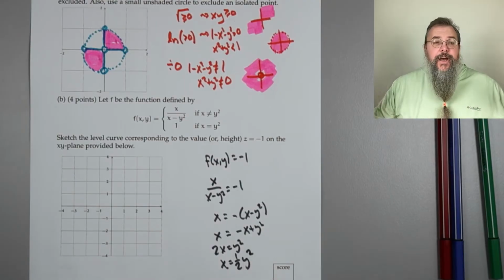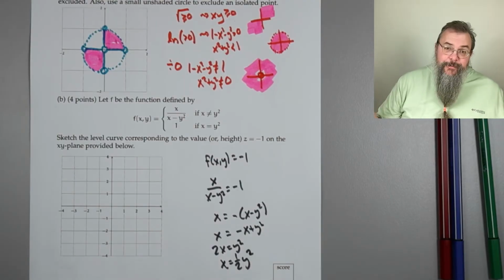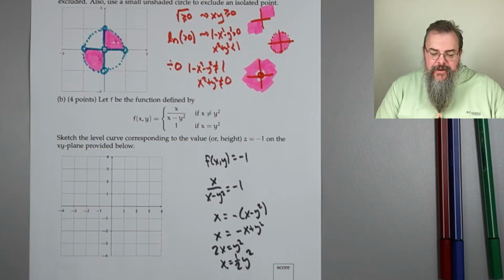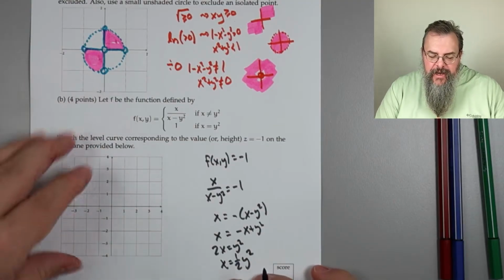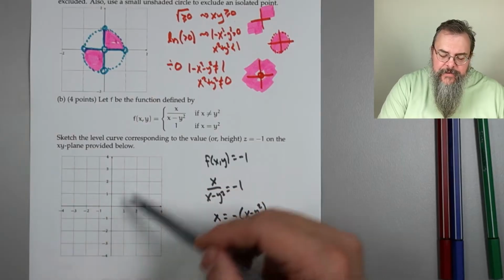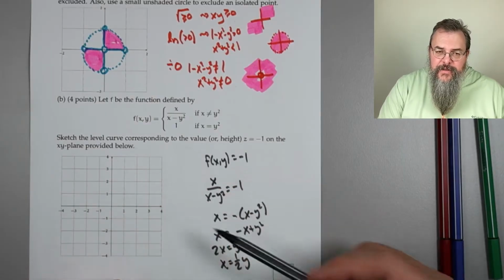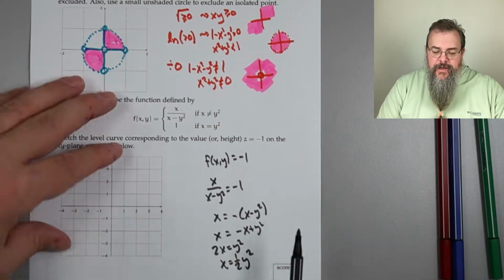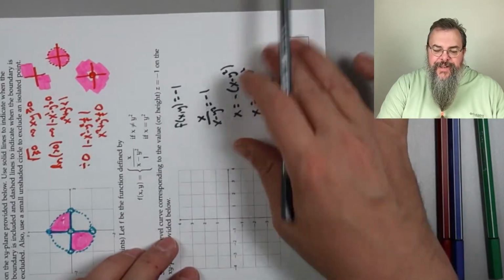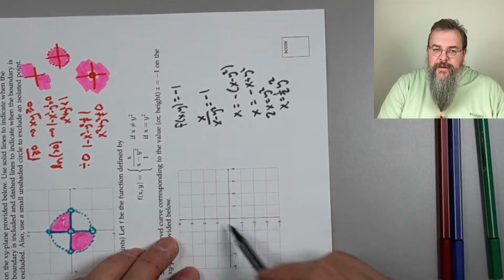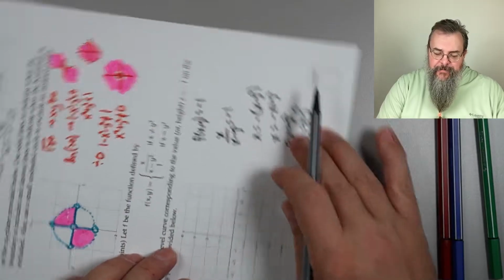And I might say, okay, what does a half y squared look like? Now, you might say, I know how to graph y equals a half x squared, so how does one graph x equals a half y squared? Well, you're basically just turning it. So it's going to be a parabola going out to the side.